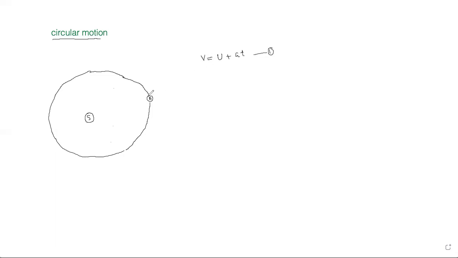But here we have an object which is moving in a circular path, and the motion of this object is a circular motion.